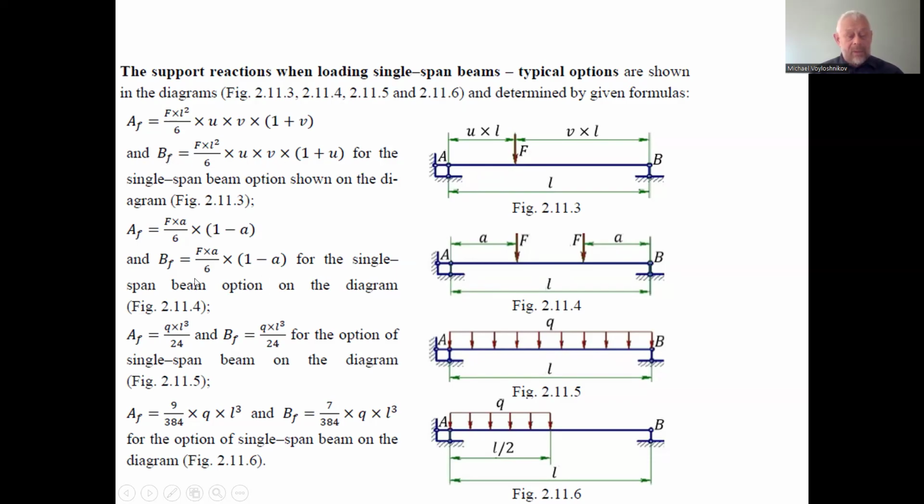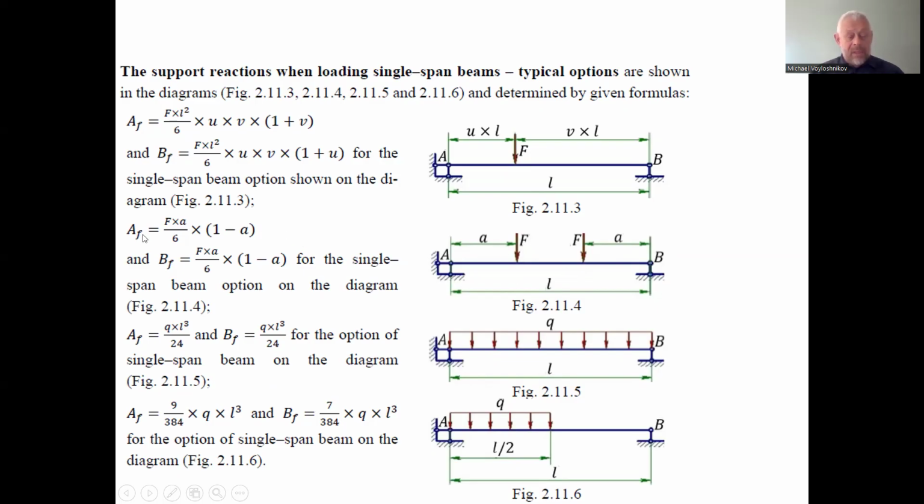And on draft 2.11.4, if we have two concentrated forces loaded, we can use these formulas to find this for symmetric loading of two forces located at the same distance from the left and from the right hinge to the point of application of force.